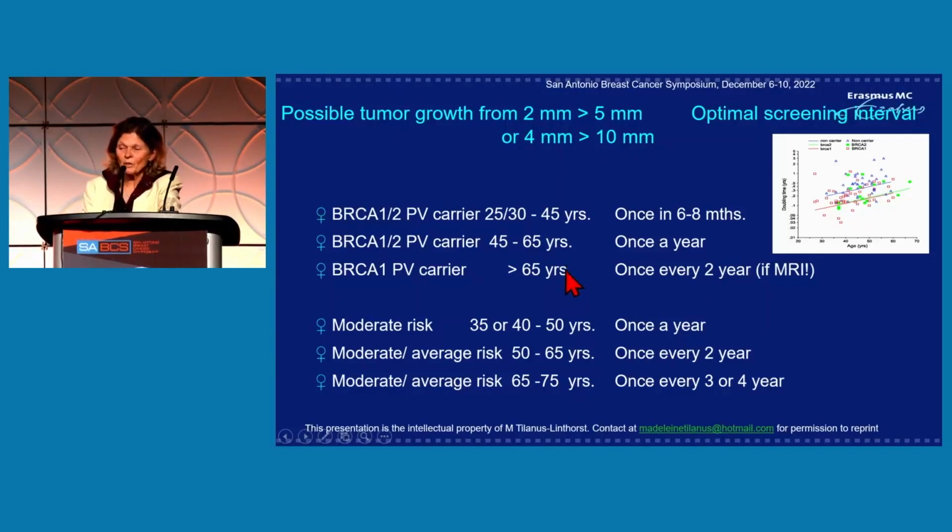For women with moderate risk, where there are lower growth rates, below age 50, yearly imaging is quite advised. But between 50 and 65, maybe you can screen once every 2 years. And above 65, even less frequent than that.